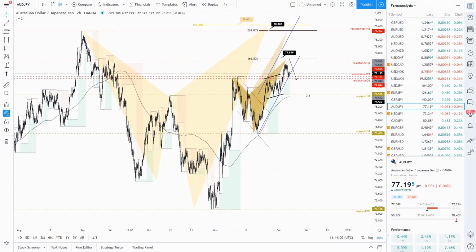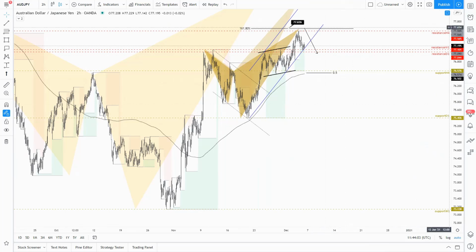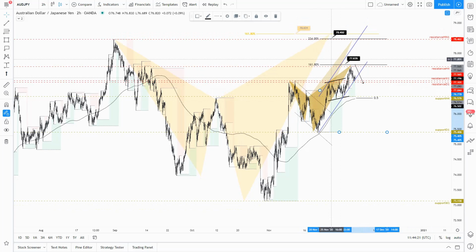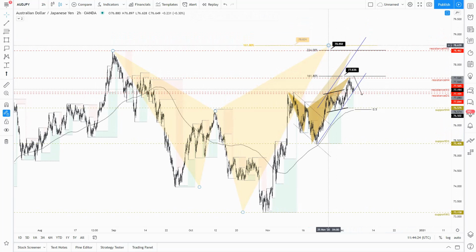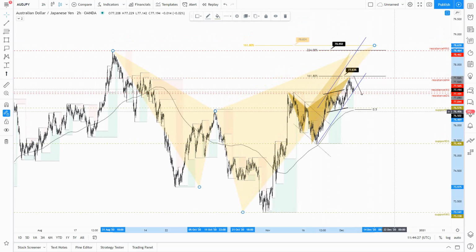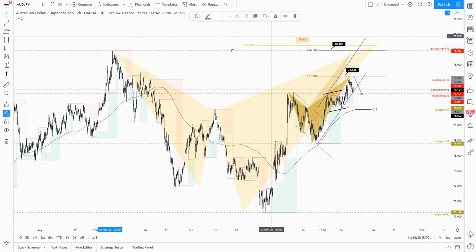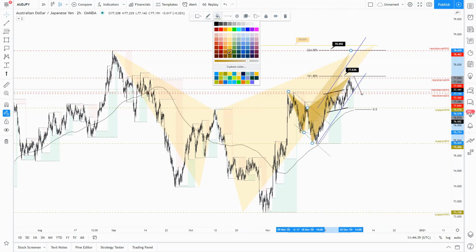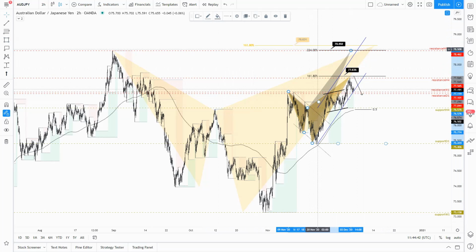Australian dollar versus the Japanese yen, also with a new fractal resistance. I shared that fractal at 77.56 yesterday, so the market has found some pressure there, just a few points below the minor bearish shark pattern completion point, the golden Fibonacci level. Ultimately we may see the price trading even higher, and if that happens, we have the monthly fractal and golden Fibonacci right above, converging with this lower degree shark pattern completion point, the 224% Fibonacci.